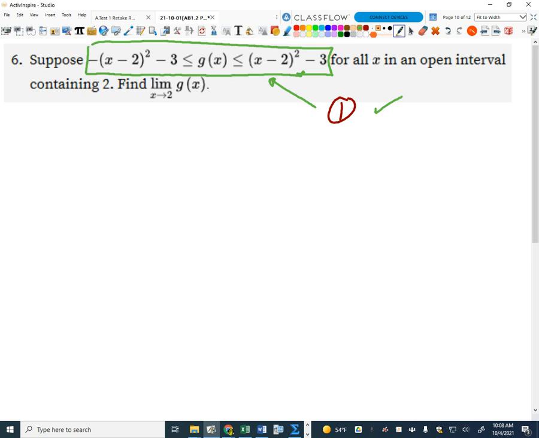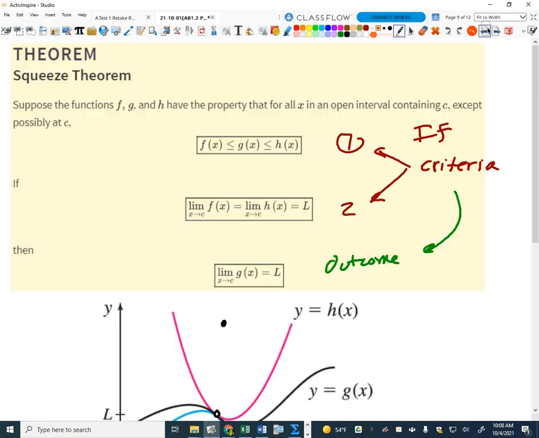Okay, what's the second criterion that we have to meet? In order for us to know the limit of g of x, what else has to be true? Let's go back. Yeah, so the limits of the bracketing functions, the top and bottom functions, have to approach the same value, right?